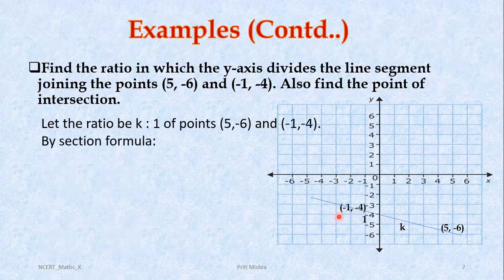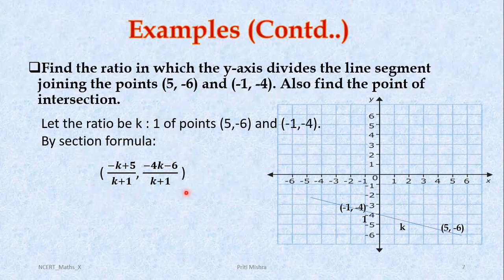Now with the help of the section formula, the coordinates of this intersection point we can have in terms of k: (m1 x2 + m2 x1)/(m1 + m2), (m1 y2 + m2 y1)/(m1 + m2). Same formula we are using here, and after putting k in place of m1, 1 in place of m2, and x1, y1, x2, y2 as these points, you will have coordinates like this in terms of k.